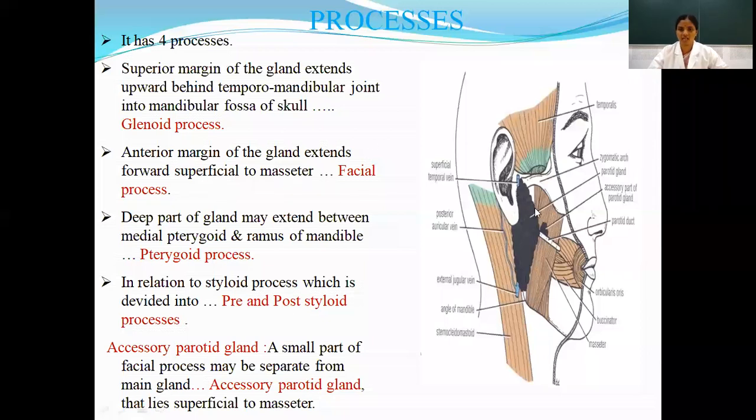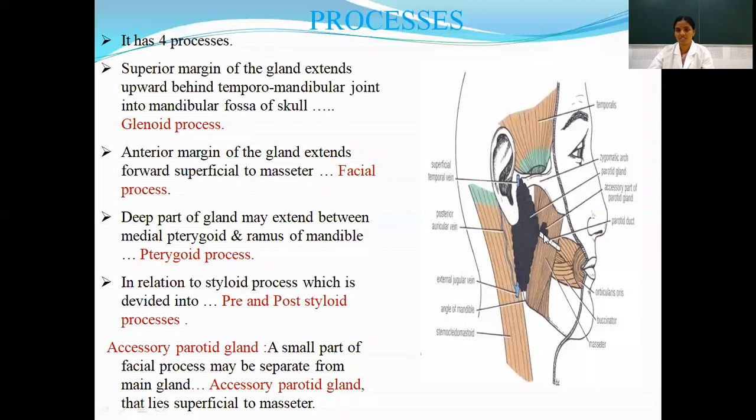Then facial process. Just you see, this is the anterior border of the parotid gland, and from this anterior margin, a triangular or conical projection extends along the parotid duct, which is known as facial process. Sometimes this facial process is detached from the main gland, and it has its own duct and drains into the parotid duct.